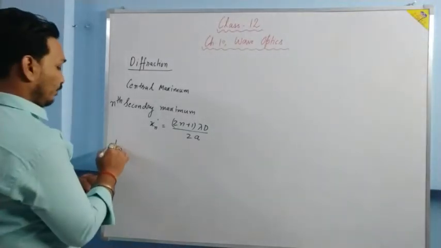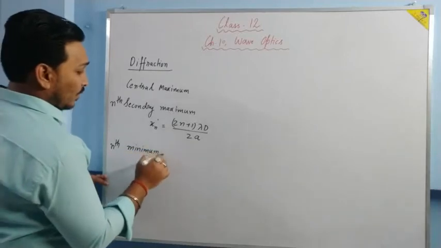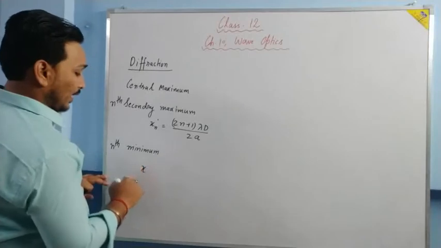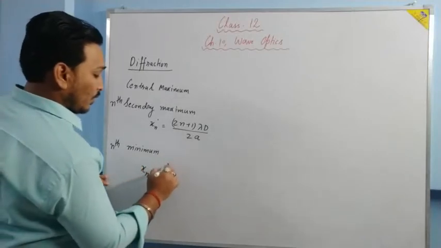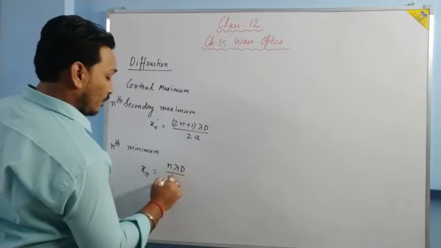For the nth minimum, we have derived the condition and the formula is given by xn equal to n lambda D by a.